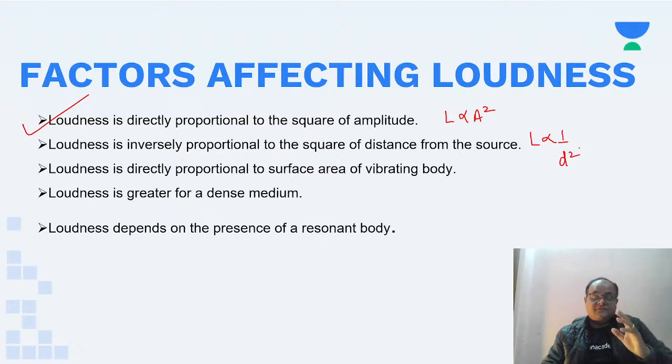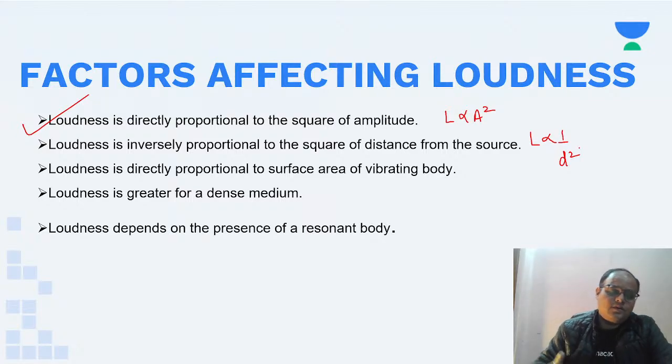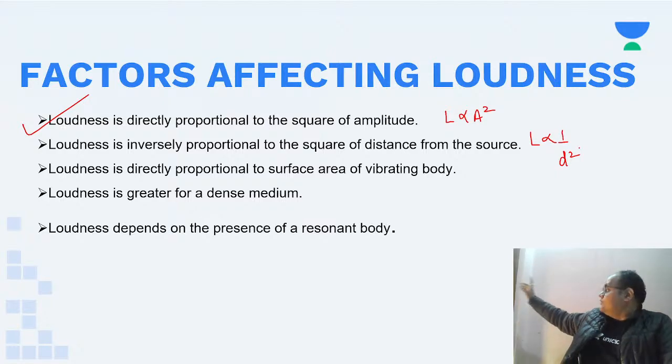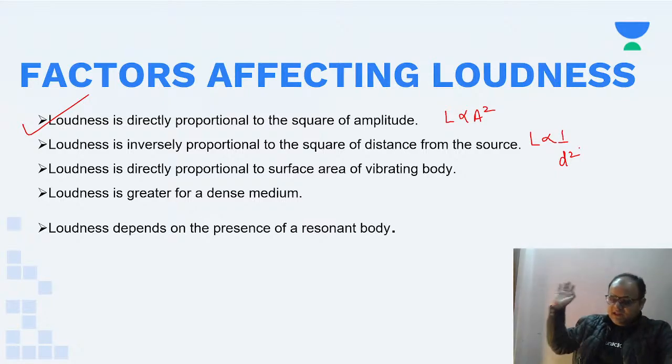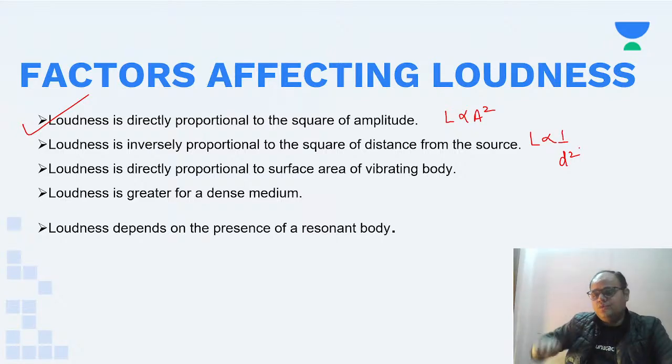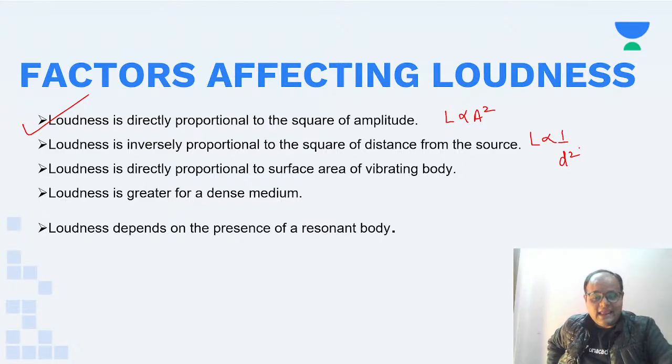If a sound source is placed at a very large distance, no matter how loud the sound it creates, you will not be hearing that sound quite loud. If I start shouting the way I was shouting a while ago, and I shout from this particular point, the sound that will reach you will be a little weaker, a little less in amplitude. So distance is an important parameter as well.